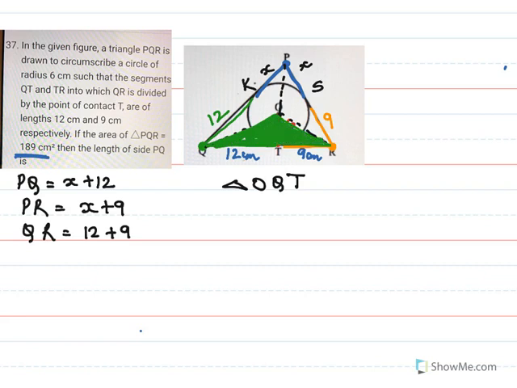Then we'll have another triangle, this one, and a third triangle here. We'll add up these 3 areas. So we have OQT, then triangle ORP, and triangle OPQ.